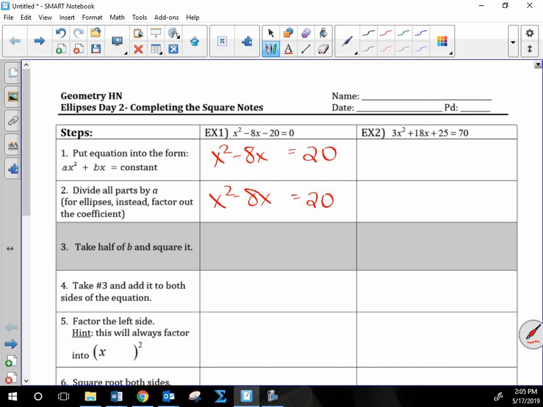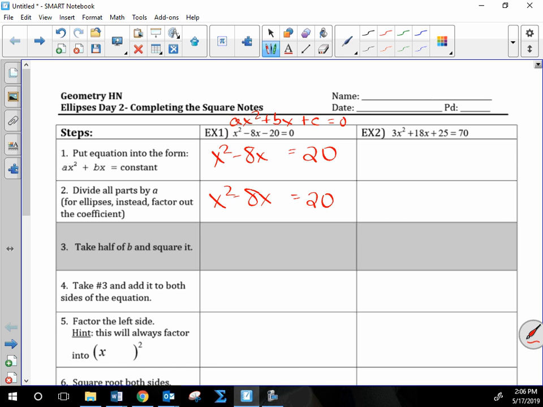Okay, so step 3, this is part of our work off to the side. We're not manipulating this equation just yet. We're going to do a little bit of work off to the side, and then take that information and put it back in. So that's why this box is grayed out, so you know it's a separate step off to the side. It says take half of b and square it. Just a reminder, we have ax squared plus bx plus c equals 0. We added our c over, so our b value is just the coefficient that's with x.